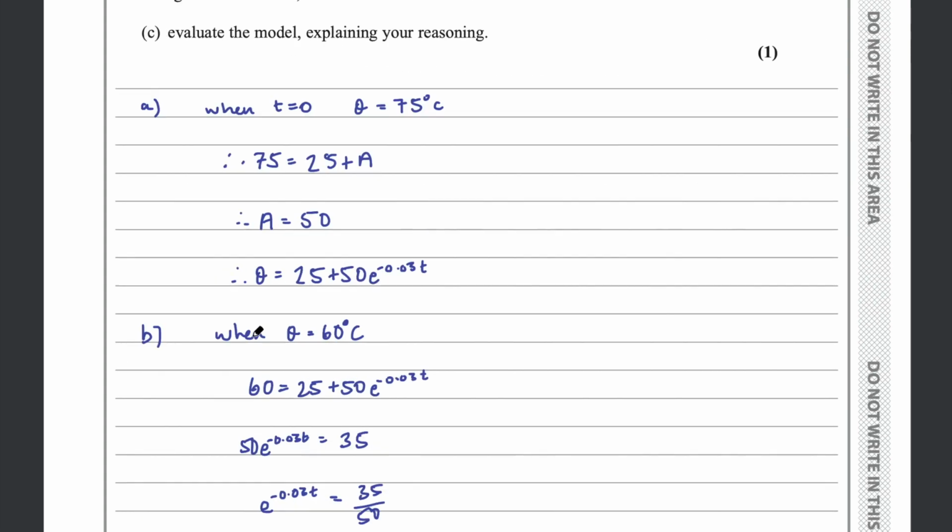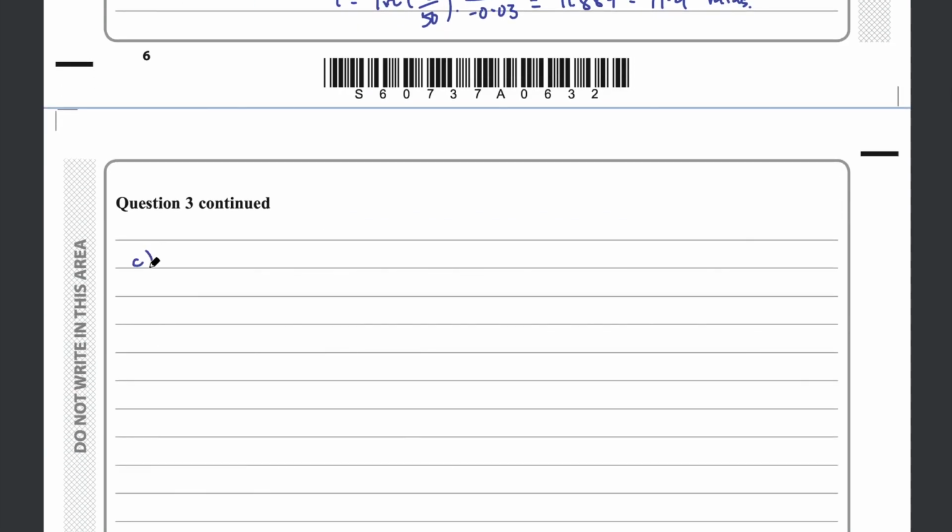So what I'm going to do for part C is to say when t equals 120, theta will equal 25 plus 50 e to the power of negative 0.03 times 120. And then we can figure that out.